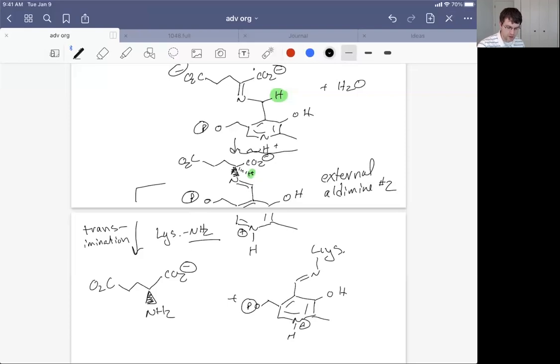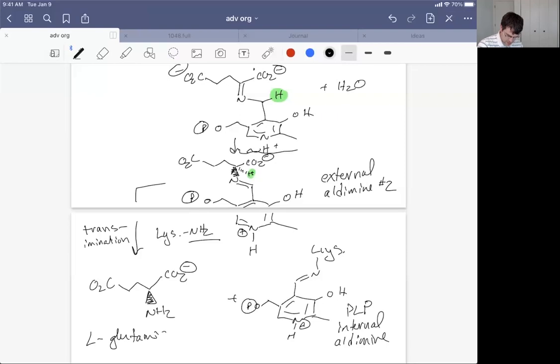And we're back to our internal aldimine. So we've in effect recycled our catalytic cofactor. PLP bound to the lysine residue is what we started with and what we needed to continue onward with the cycle. And now we have L-glutamic acid, not spelled right.